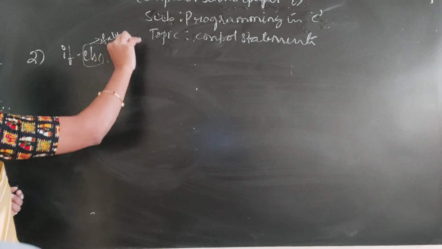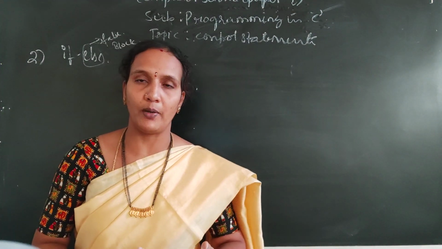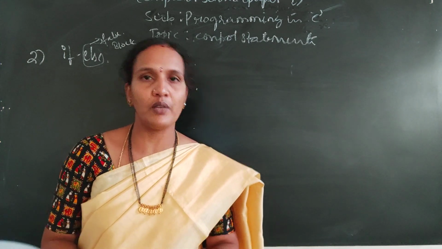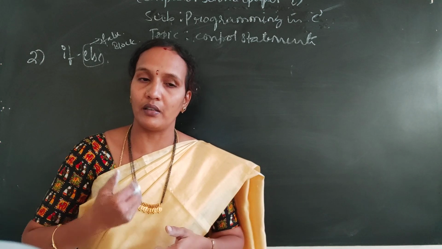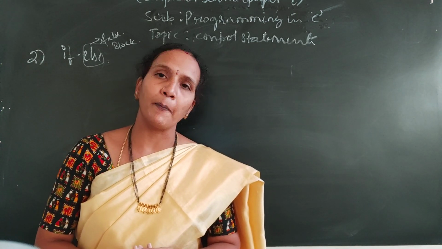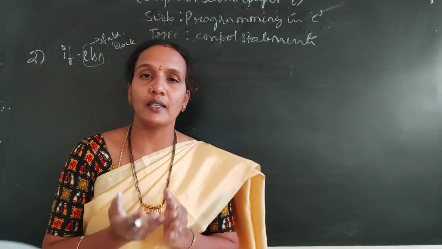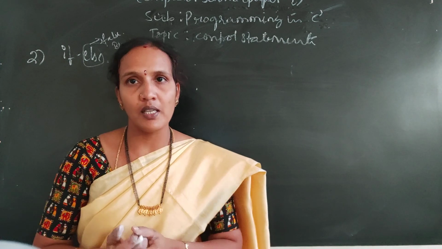In the previous syntax, I explained only the true block. But if the condition is false, what should be executed? That information is written in the false block, which is nothing but the else part. That is why if else is called an extension of the simple if.